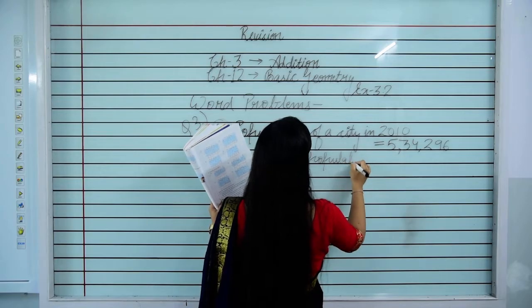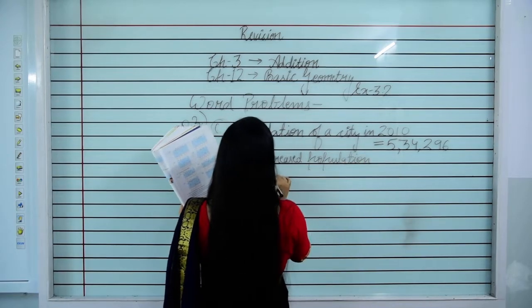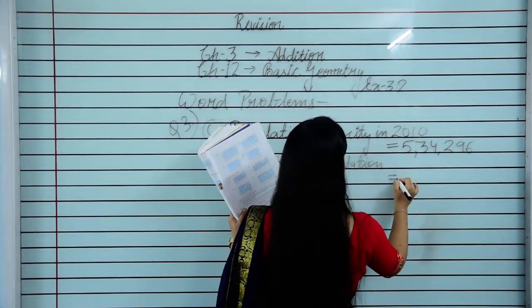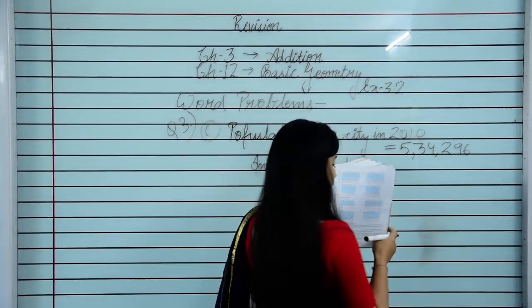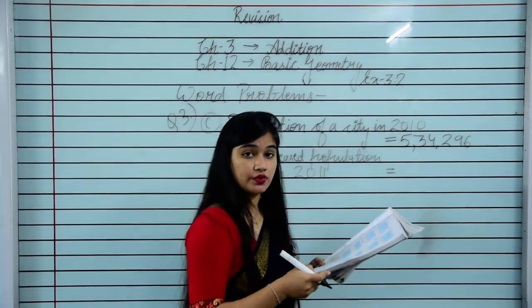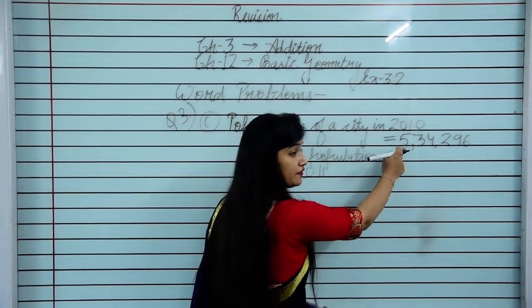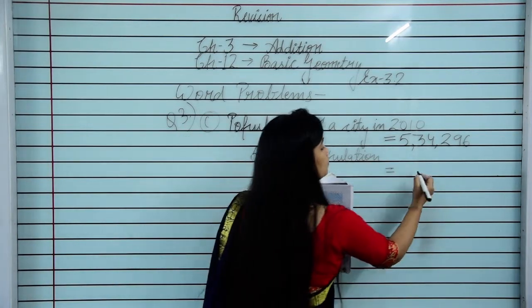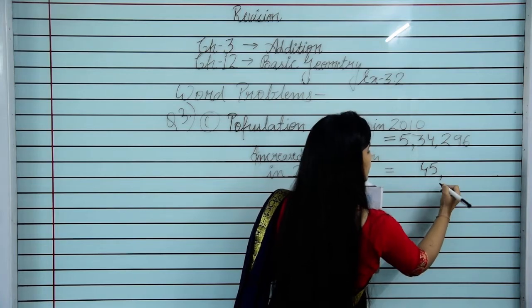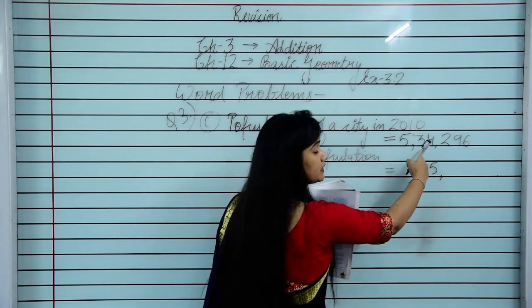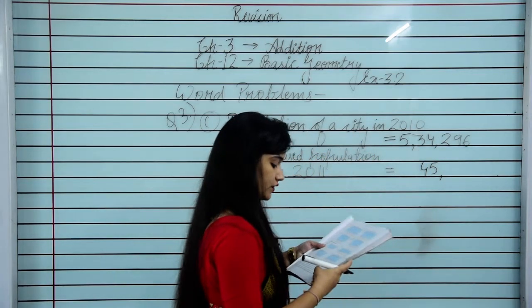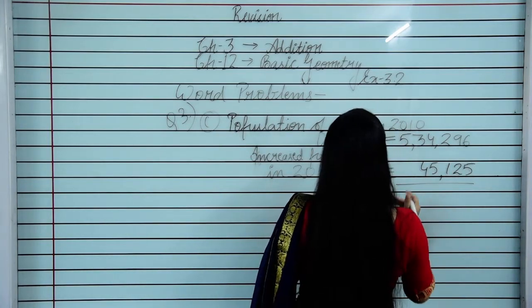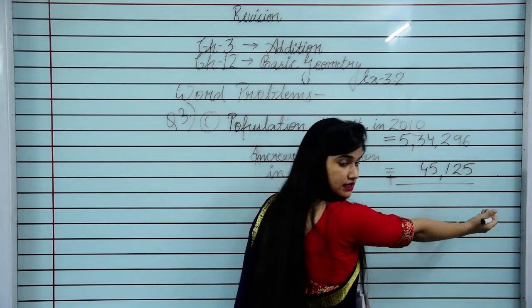Increased population in 2011 is 45,125. So student, this is 5 lakh and I am writing the next number, that is 45,000. So we have to write here 45,000 at thousands place and at 10,000s place. 45,125. Now we'll start adding these numbers, and always we'll start from this side.